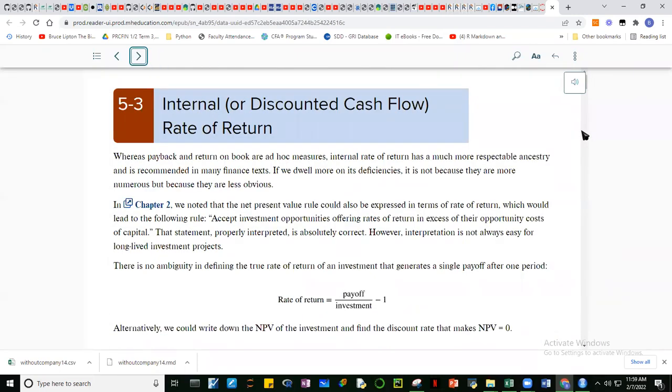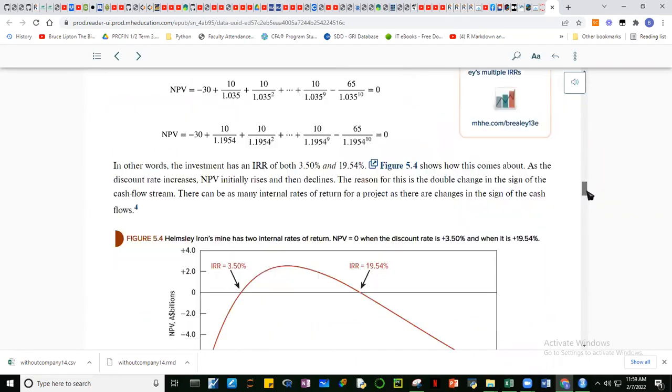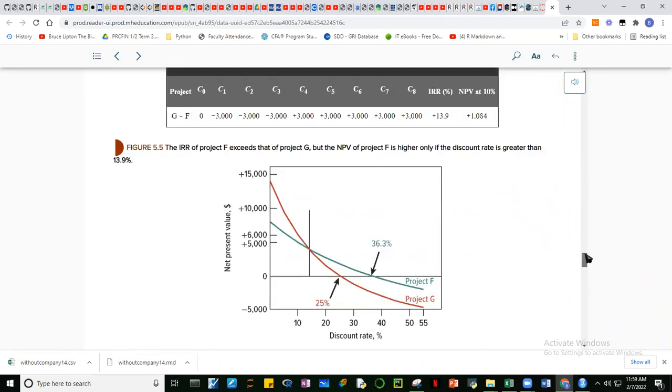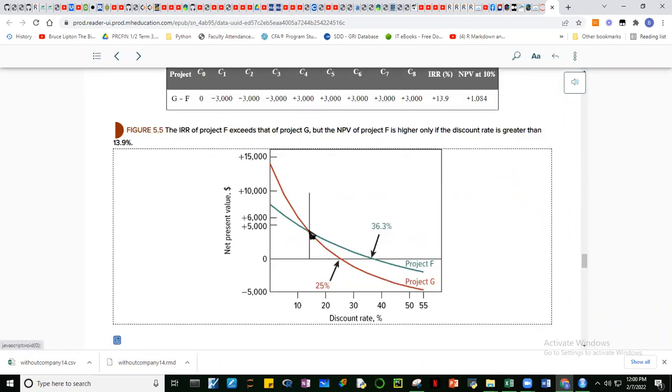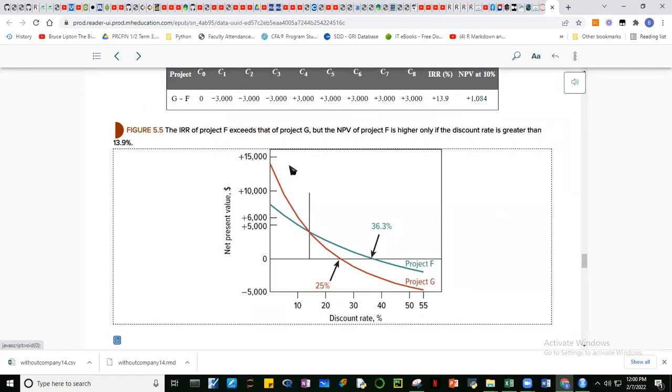Crossover. Ito guys, no? When there's a conflict between NPV and IRR, ganito yung niya, and we call this the NPV profile.